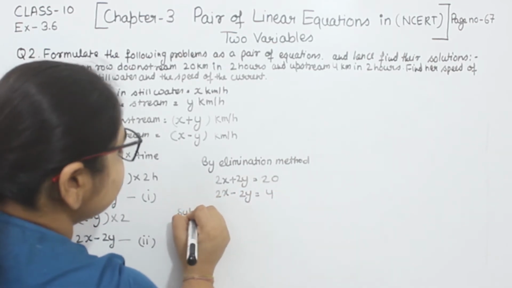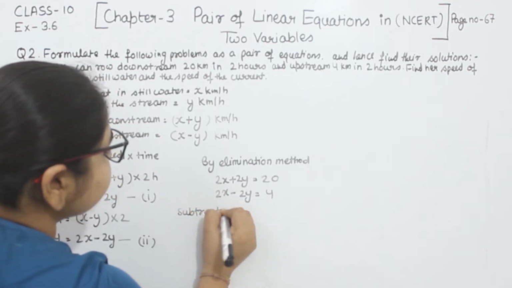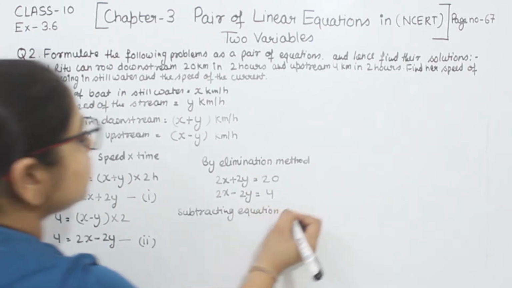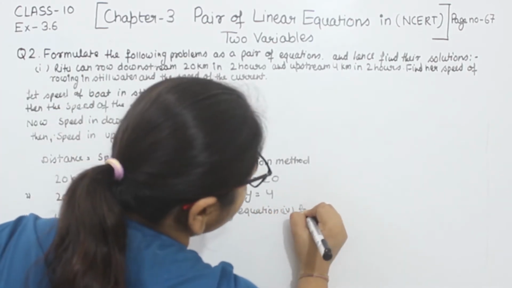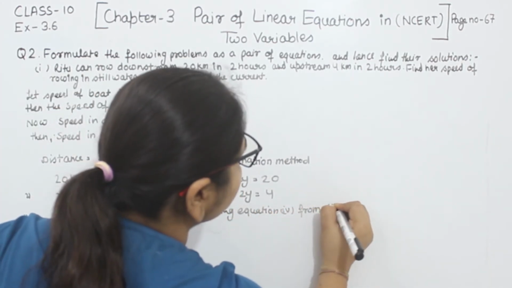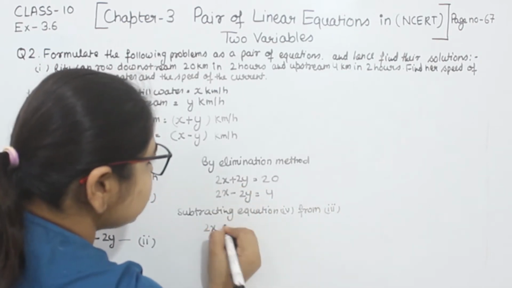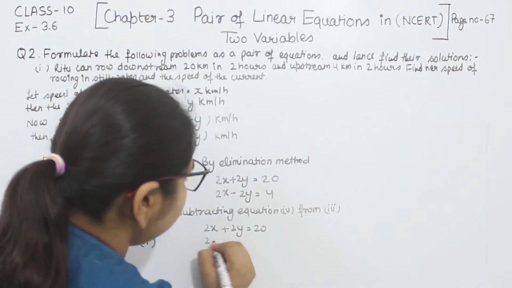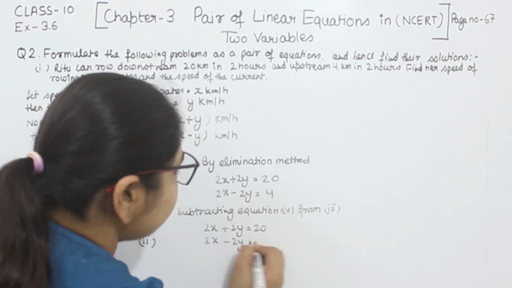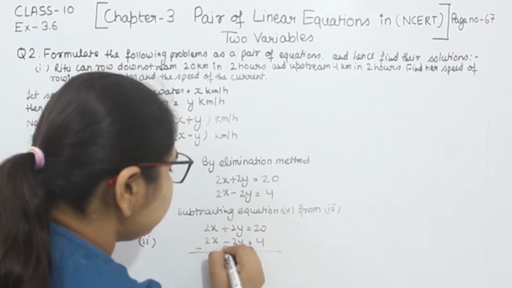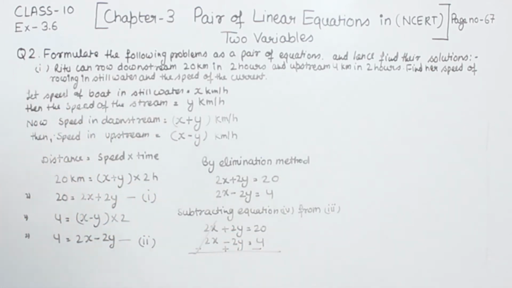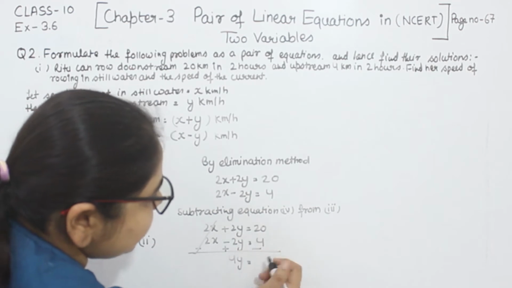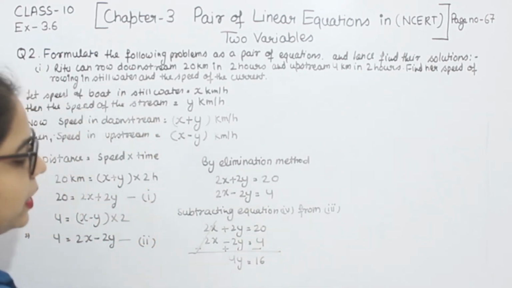I am going to write here subtracting equation 4 from 3. Equation 3 is 2x plus 2y equal to 20, and equation 4 is 2x minus 2y equal to 4. Now I am going to change the signs. Plus minus cancel. We have 4y is equal to plus minus minus, that is 16.